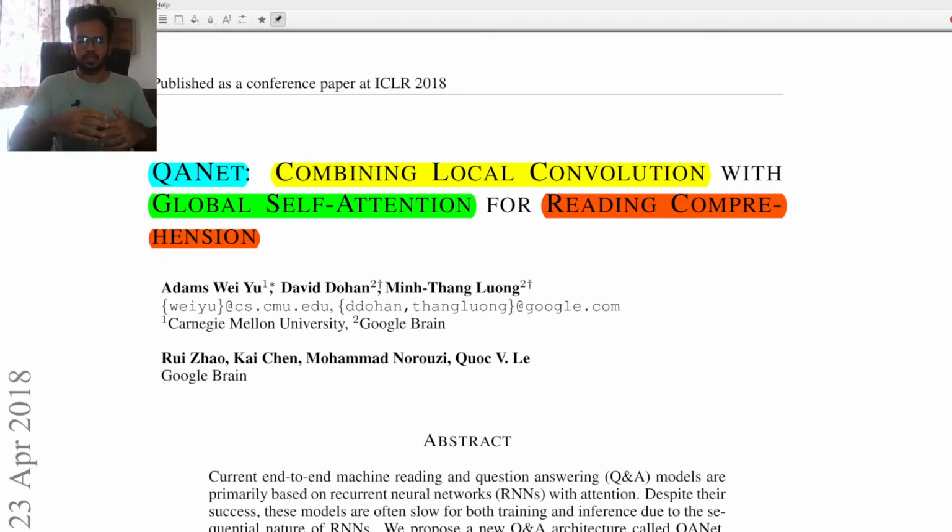Now the answers are not complex in the sense that we have to interpret the comprehension and then generate answers of our own, but the answers are embedded in the comprehension itself. So we just have to highlight the part of the comprehension that answers the question.